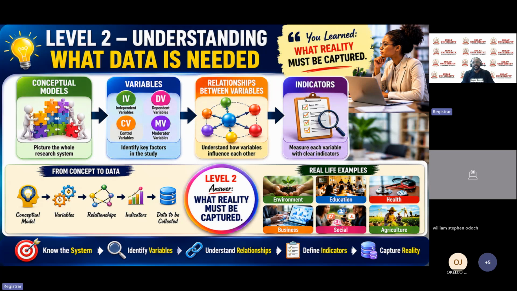So in level 1, we understood what is the reality, and in level 2, how this reality has to be captured. Because if you take real life examples, if you are doing a study on environment, what we need is, in fact, the data what you are trying to address.